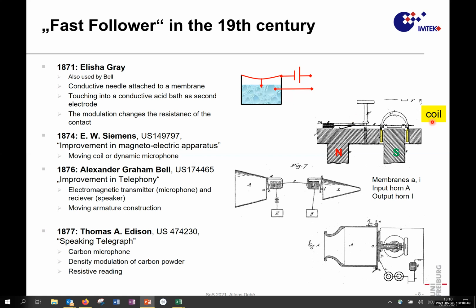Then Graham Bell, and we know the Bell Labs, he invented an improved telephony, and this is also something we still find today in classical microphones, the electromagnetic transducer using a microphone, and on the other hand a speaker. Again, simply a moving armature.